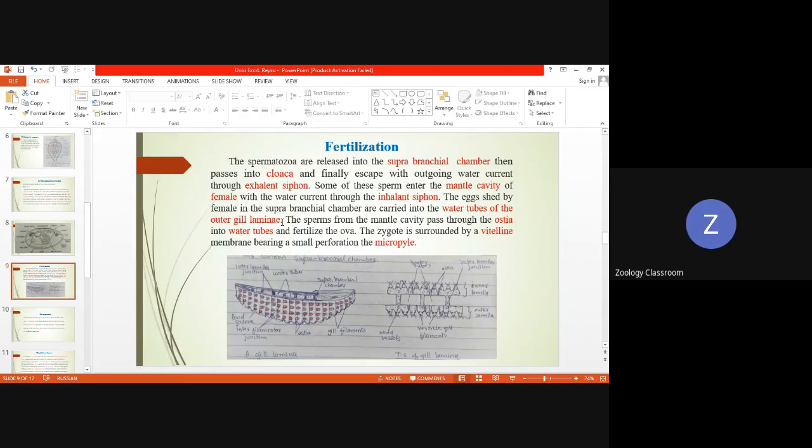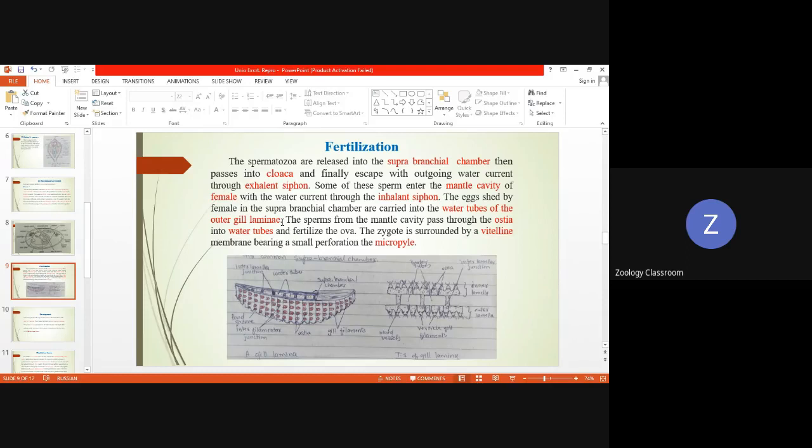Now, what has come into the female's body? Sperms. Where have they come from? From the outside, isn't it? Yes, they are coming from outside through the inhalant siphon and entering into the mantle cavity, that is the infrabranchial chamber.